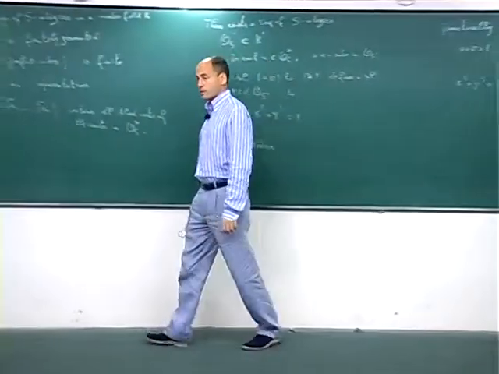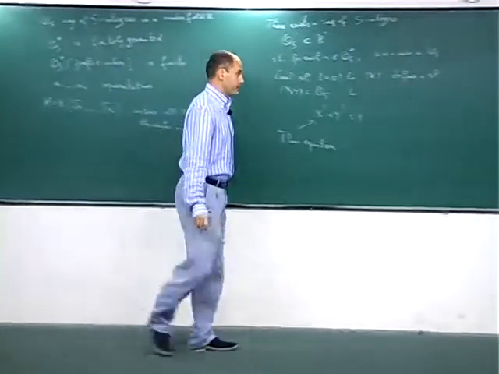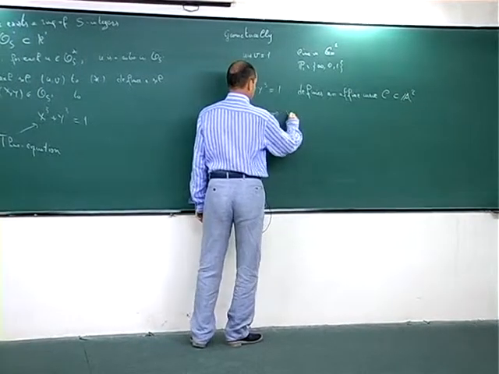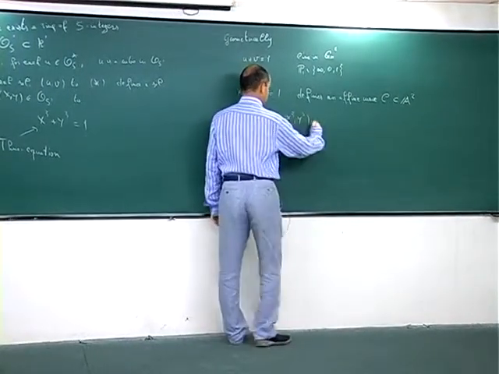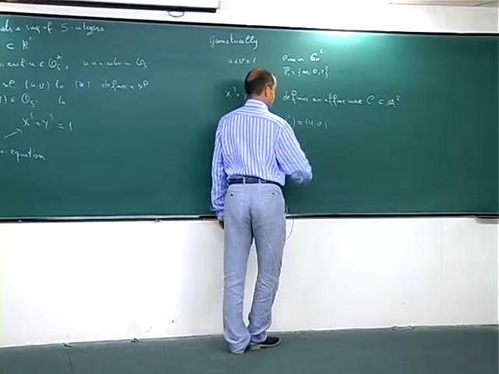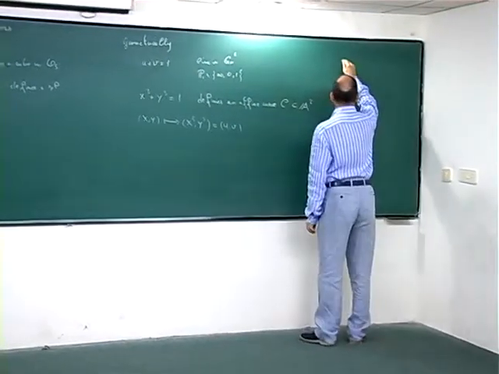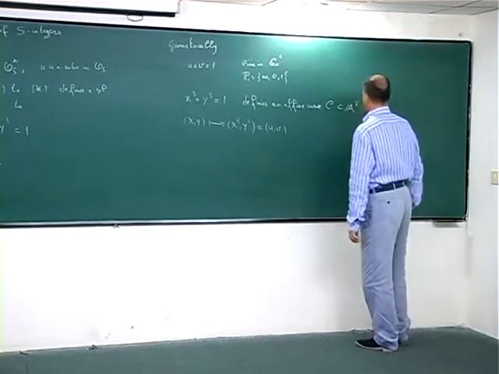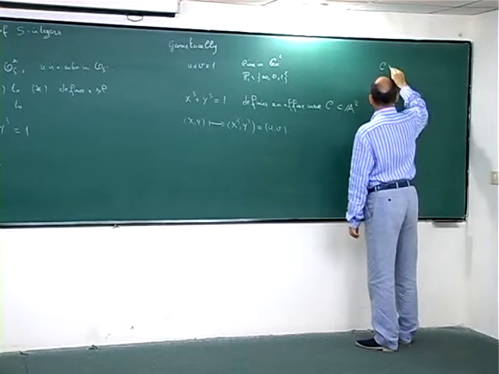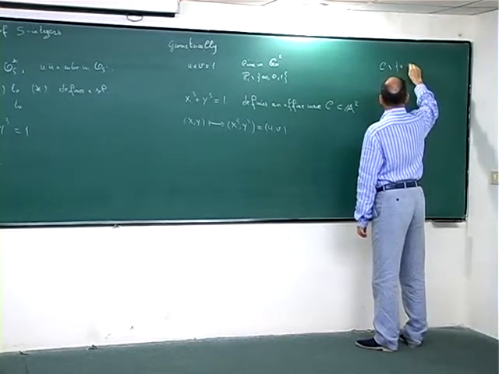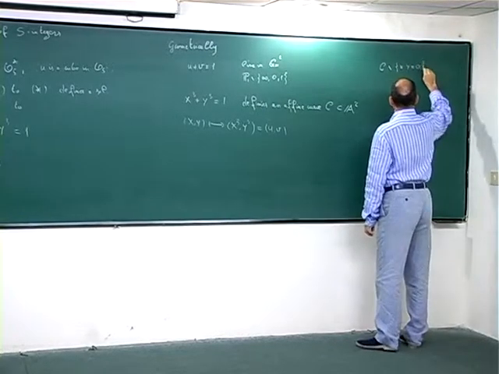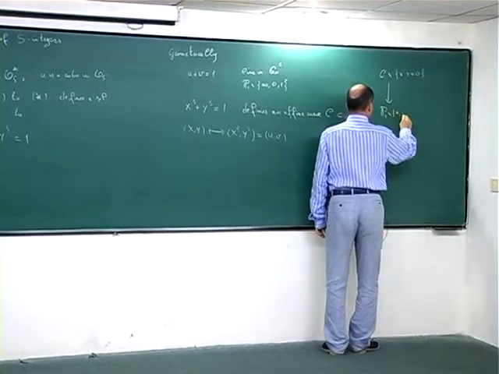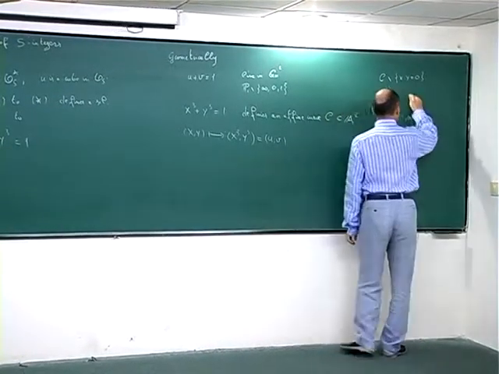It's a genus 1 curve with 3 points at infinity, and the map (x, y) to (x cubed, y cubed), which is (u, v), is a cover. Actually it is the cover from C minus the points where x or y is equal to 0 to P1 minus 0, 1, infinity, and this is an unramified cover.